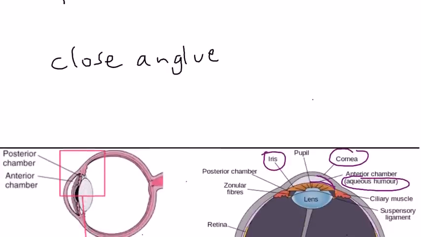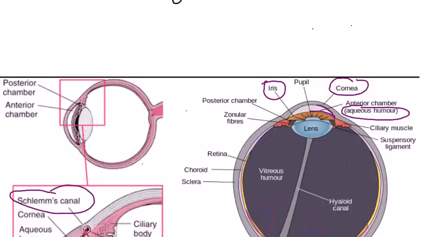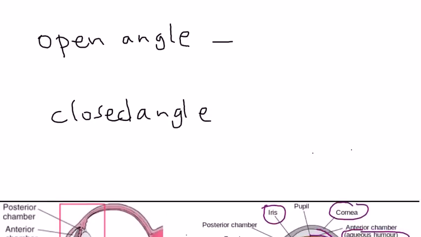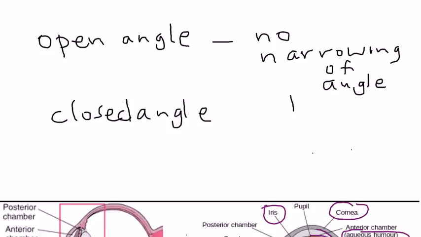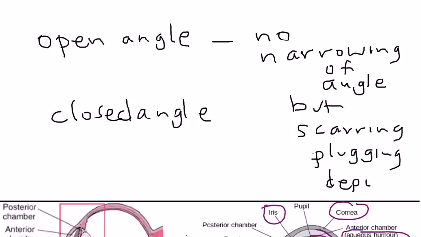Closed angle means that that angle now is narrowed, and the narrowing is the reason why the aqueous humor is not able to exit. So that's the main difference. So you can think of open angle as no narrowing of the angle, but some sort of scarring or plugging or deposits that's causing the aqueous humor to not be able to outflow.